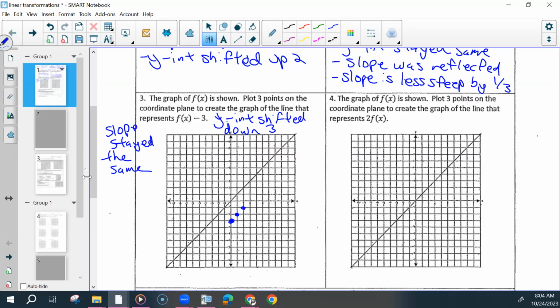Questions on number 3 before we do 4? Okay. What's happening, what's changing in number 4? So it's multiplying, so is this steeper or less steep? Steeper because of the 2.